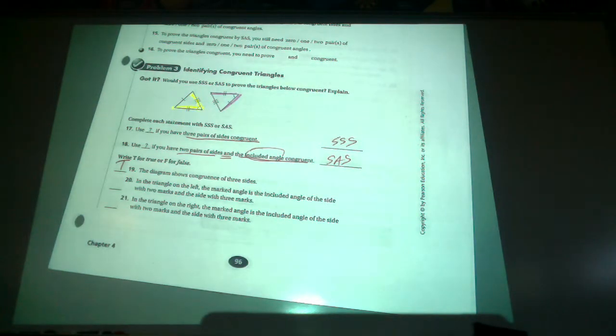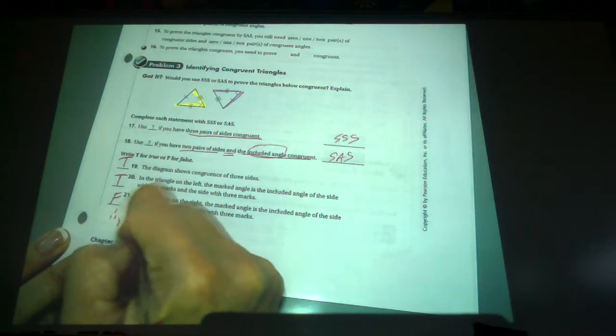True or false? The diagram shows congruence of three sides. That is true. In the triangle on the left, the marked angle is the included angle of the side with 2 marks and the side with 3 marks. We just said that was true, right? And then in the triangle on the right, the marked angle is the included angle of the side with 2 marks and the side with 3 marks.